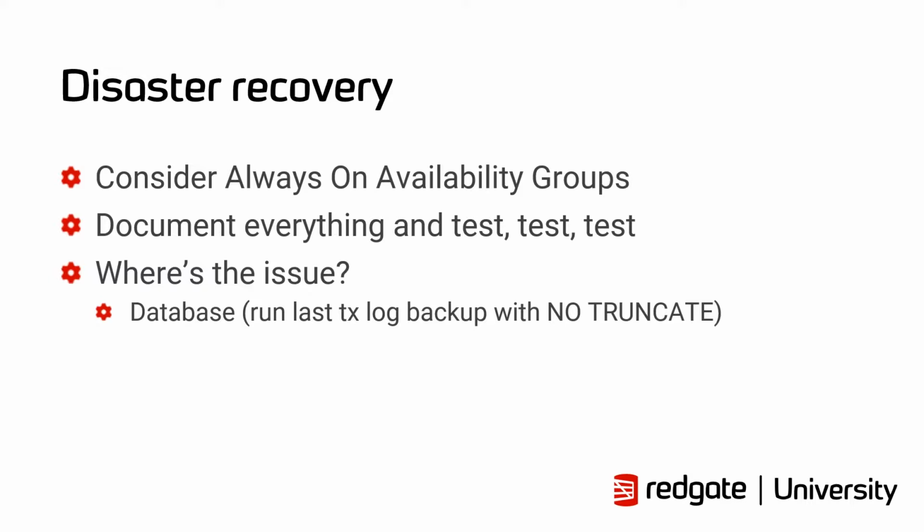If the problem is with the SQL Server and it will not come online, you will just have to make sure that any existing transaction log backups have been restored in the standby. In the case of the server itself being offline or the data center being offline, there's a chance you will not be able to grab any last backups off that server. Of course, failing over is not something to consider lightly.